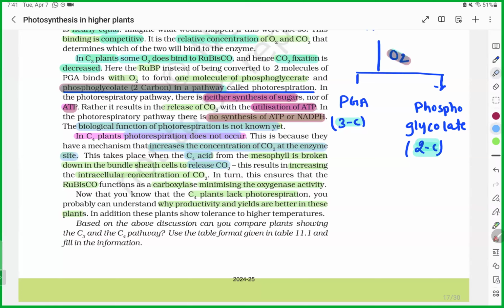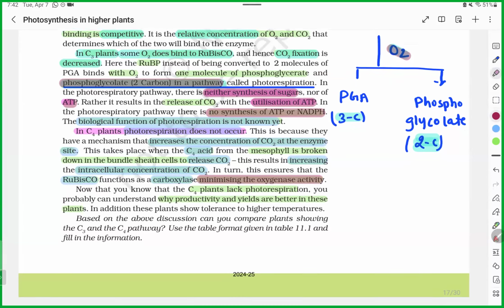But in a C3 plant, in the mesophyll cell, more oxygen is present outside, so some amount of oxygen can also bind. In a C4 plant, more CO2 is released inside, increasing the CO2 concentration in the cell. So this makes sure only CO2 binds with Rubisco. No oxygenase activity.